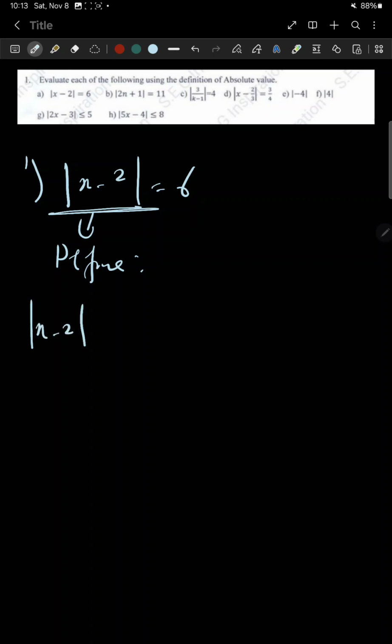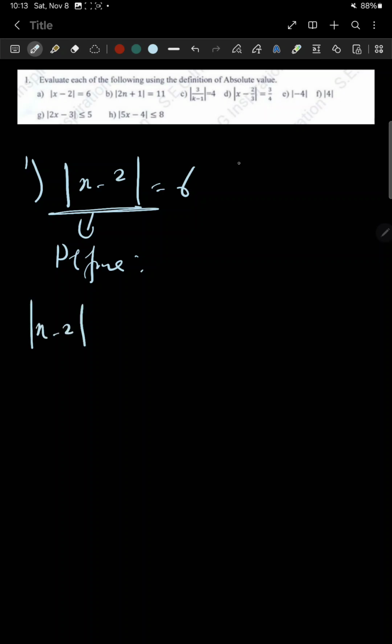Now remember what I told you guys when you're solving. Solving is quite different here. So how do you solve modulus functions? This is how you solve. You need to define this. By definition I mean, what is the modulus of x minus 2?